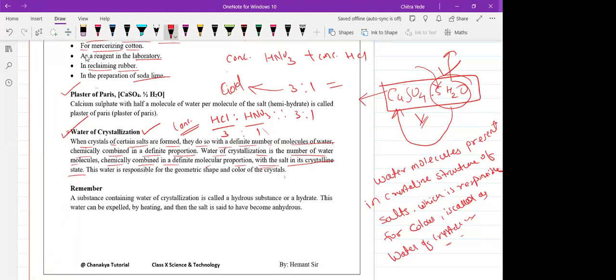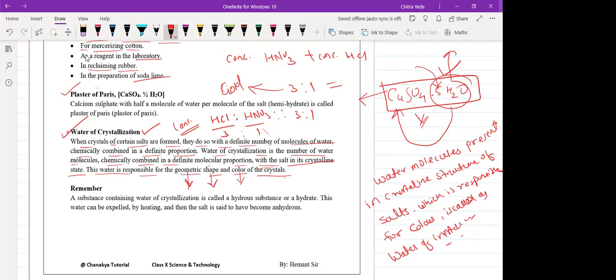This water is responsible for the geometry, shape, and color of the crystals.